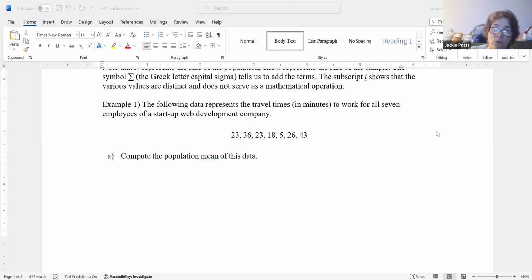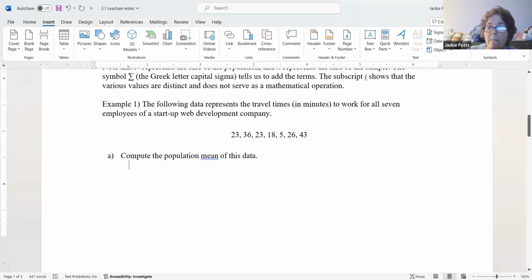But remember what I say, rule of thumb, take it out to 3 decimals. So my mean, my calculator says 24.857.